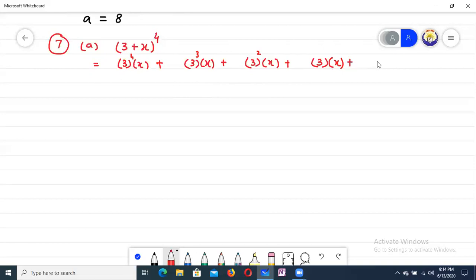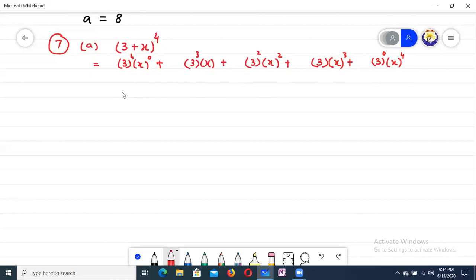Here we'll start the power of 3 from 4, then here will be 3, 2, and so on, and x will have power 0 and start from 0. Here 1, here 2, 3, and 4.